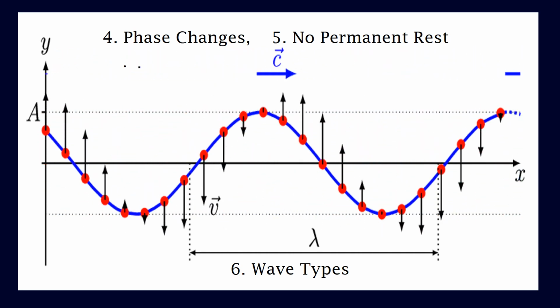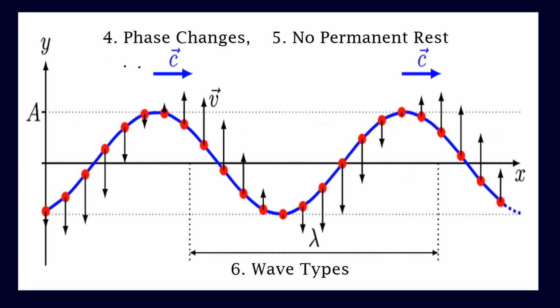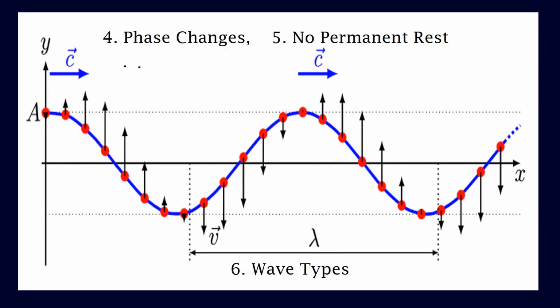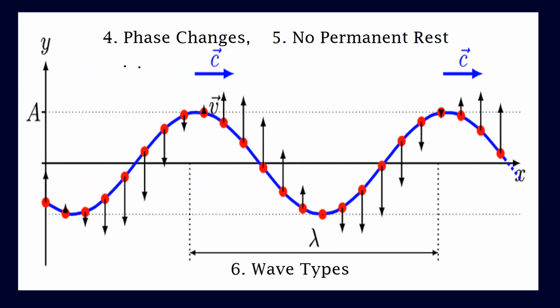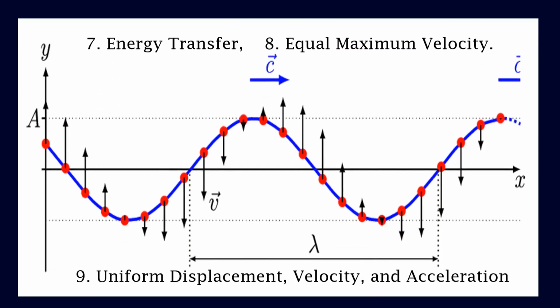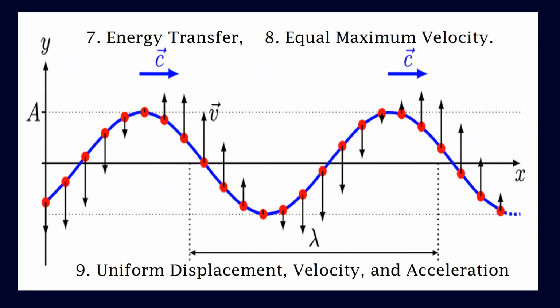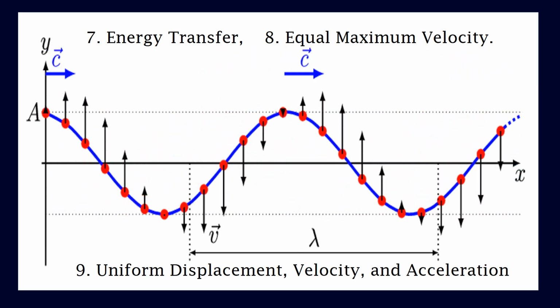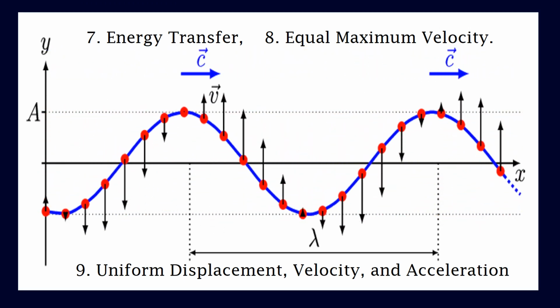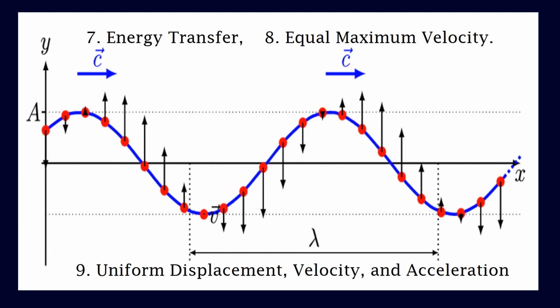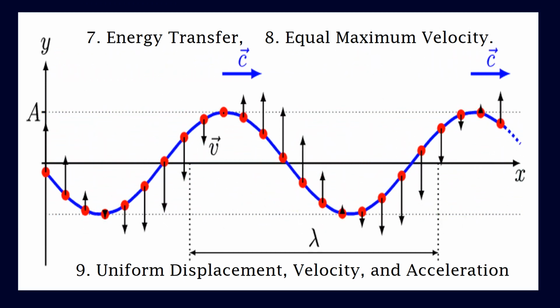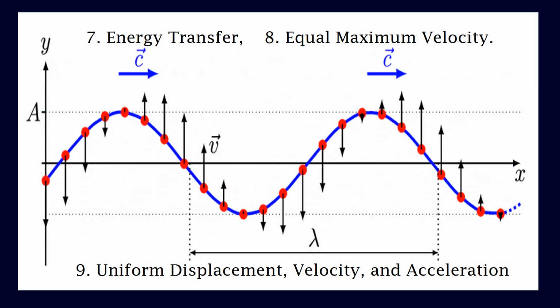Wave types: transverse waves have crests and troughs, while longitudinal waves have compression and rarefaction. Energy transfer: energy transfers across the medium in the direction of wave propagation. Equal maximum velocity: all particles reach the same maximum velocity as they pass through the mean position.